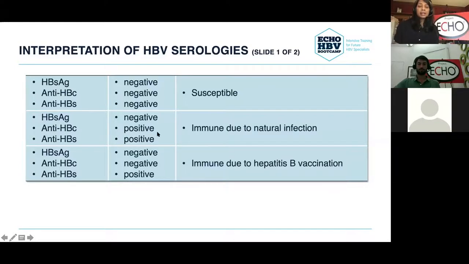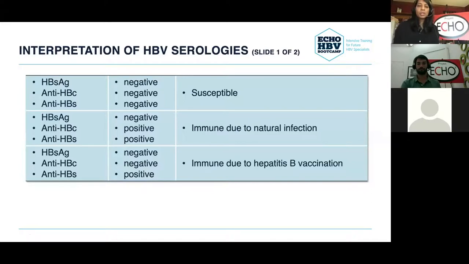Now, this is in contrast to what we see in patients who are just hepatitis B surface antibody positive. Okay, so if you're core antibody negative and surface antibody positive, this means that you've been vaccinated before and you have immunity from vaccination.